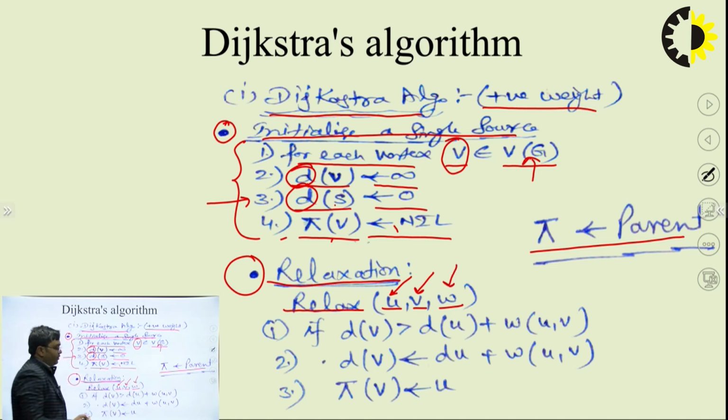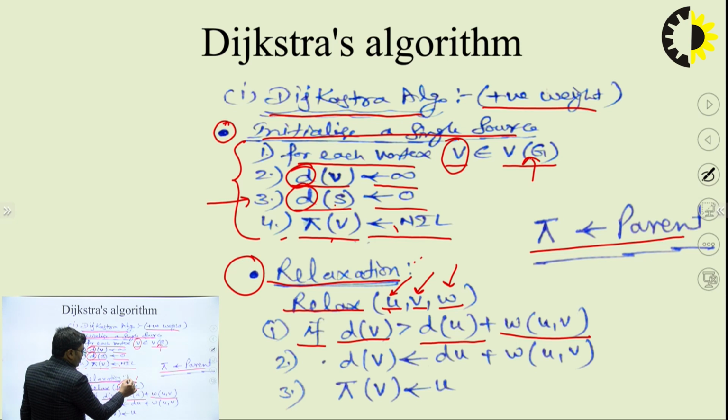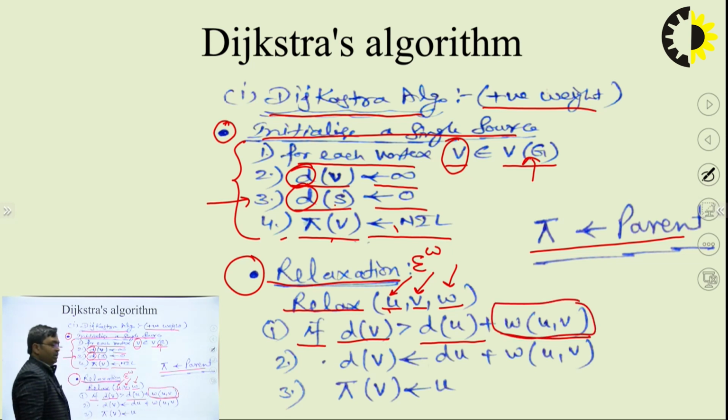We call relax(U, V, W), where U is the starting node, V is the destination node, and W is the weight consumed for traveling from U to V. We check if d of V, the distance for reaching V, is greater than the distance for reaching U plus the weight of U comma V. If we are at U and the next node is V, there is an edge between U and V, which contains some value W, the weight of that edge.